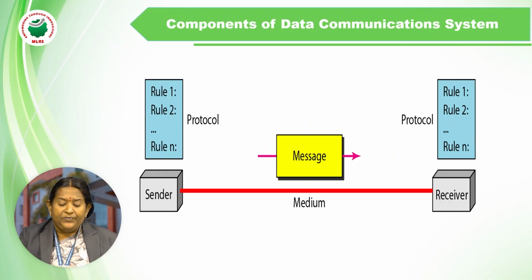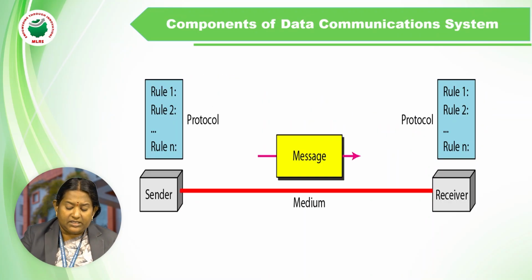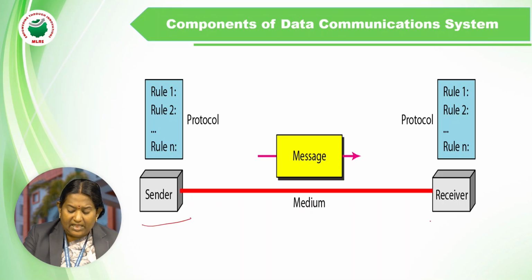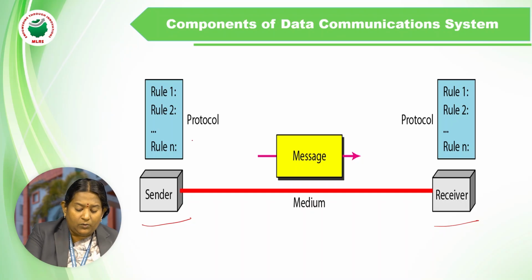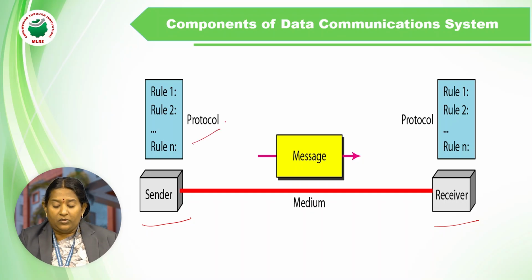If you see here, the components of the data communication system: we have a sender and a receiver. The sender and receiver should be able to communicate, and pass a message from one end to the other end. In the sender, we have the message and rules, rule 1, rule 2, and so on up to rule n, which are the protocols, and the receiver receives rule 1, rule 2, and so on up to rule n.